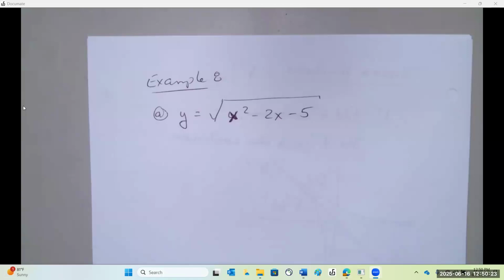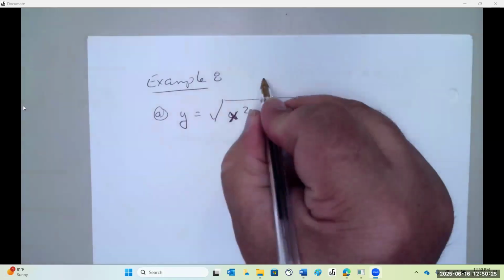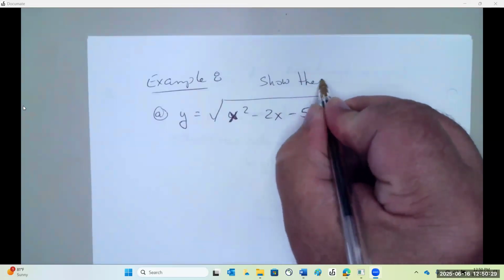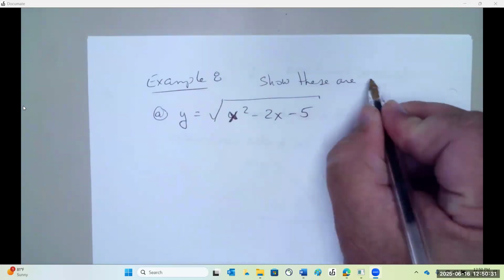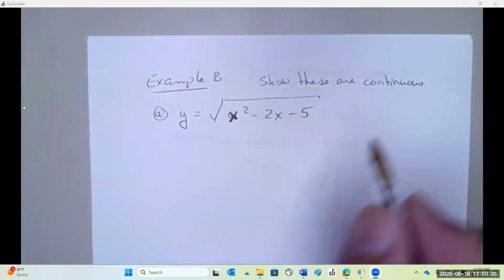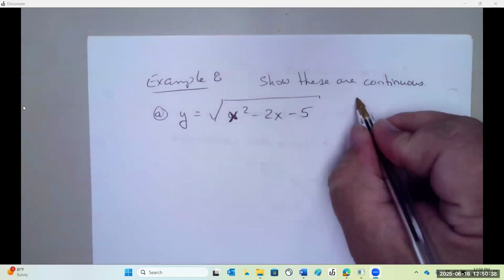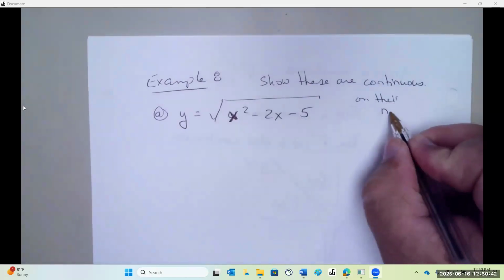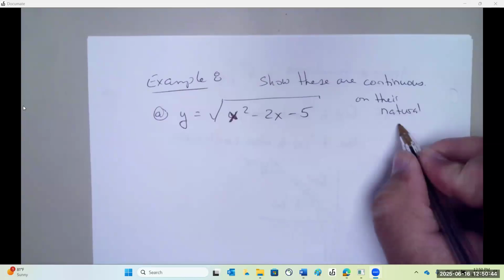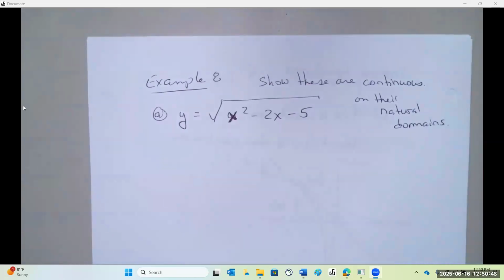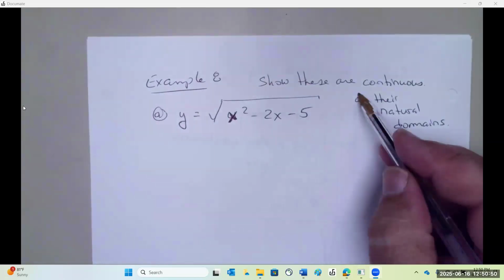Show that these are continuous on their natural domain. That's important. I almost forgot about that.